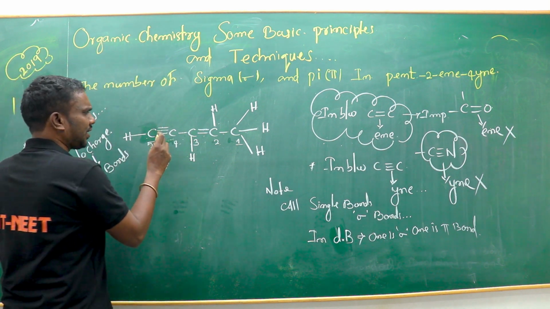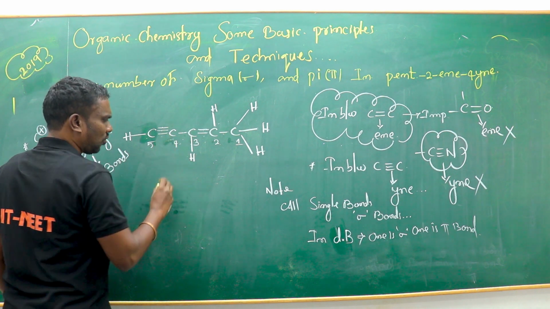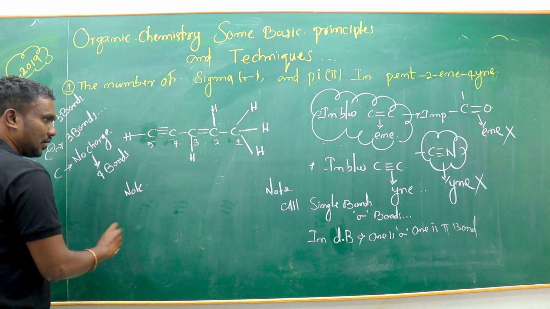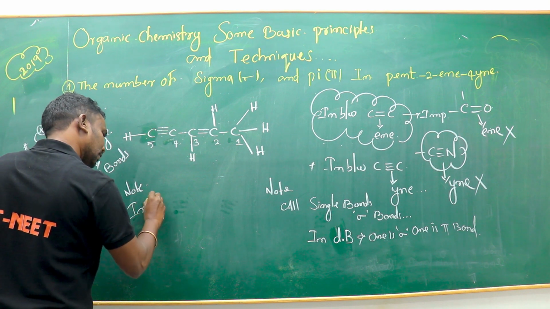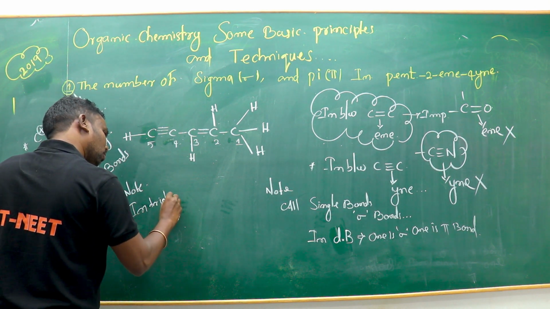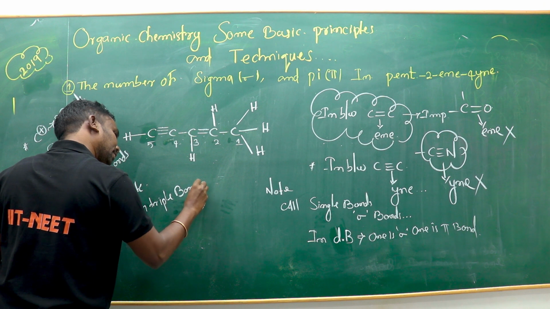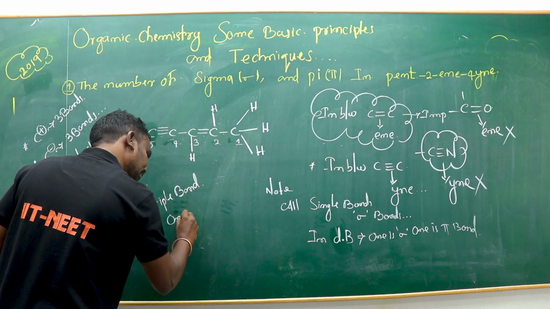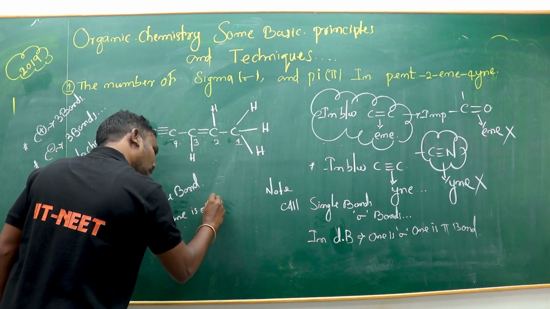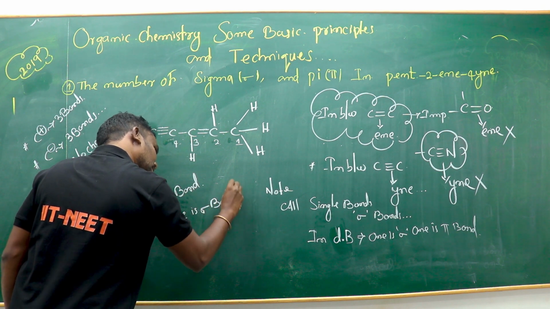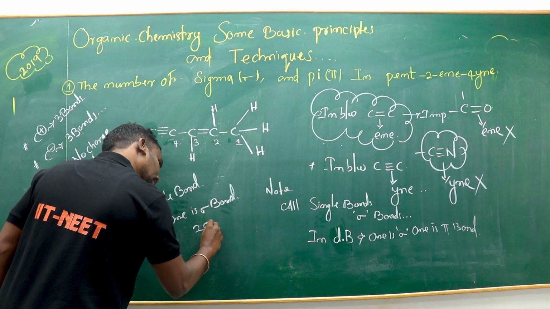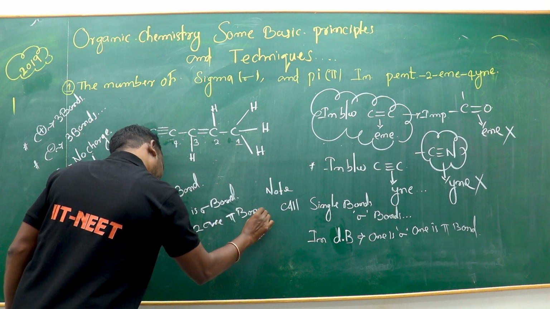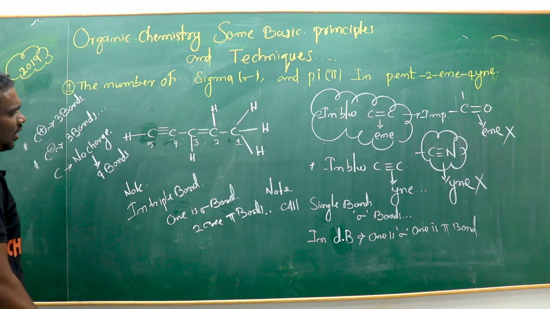See, sir, what about here? In a triple bond, make a note, this is also important. In a triple bond, one is a sigma bond, two are pi bonds.